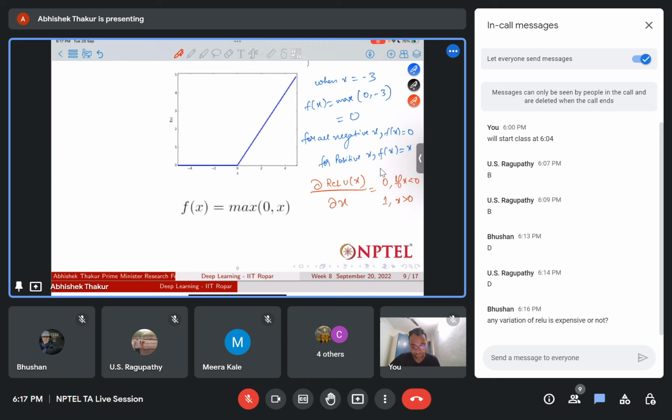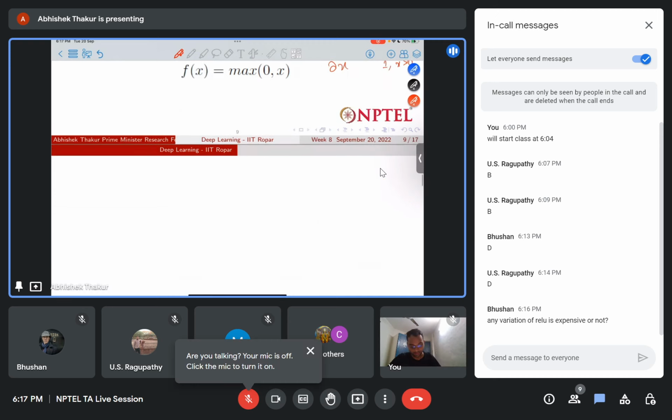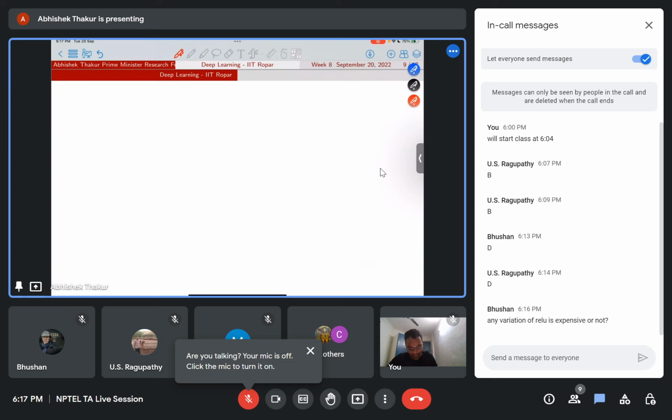And there is one problem with the ReLU network: this is our input layer, this is our hidden layer, and this is the output layer.